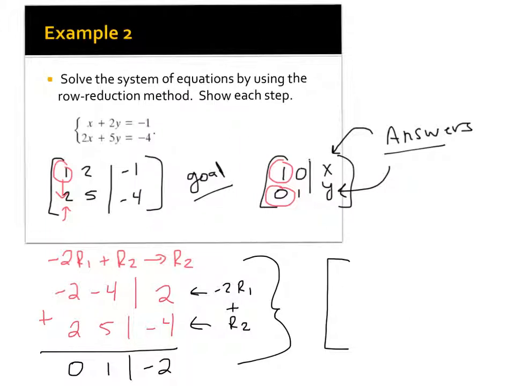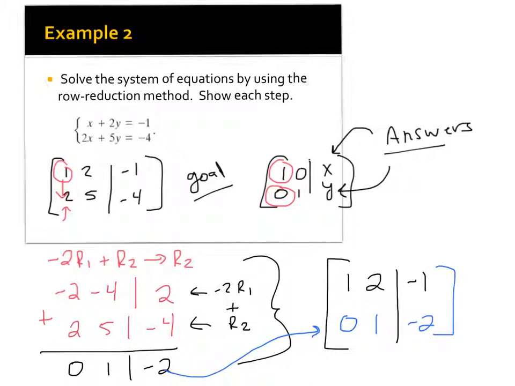And so row 1 was not changed. Even though I used it to manipulate row 2, it was not changed. Okay, so I keep it the way it is. And now I take this piece, and that's my new row 2. So I have 0, 1, -2.